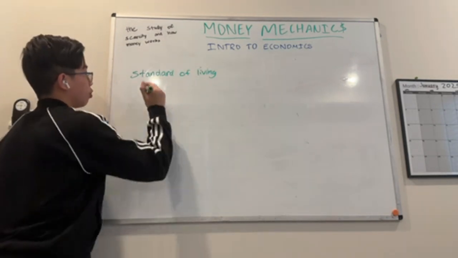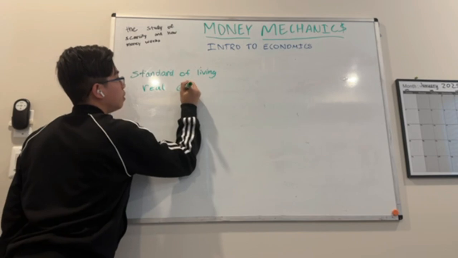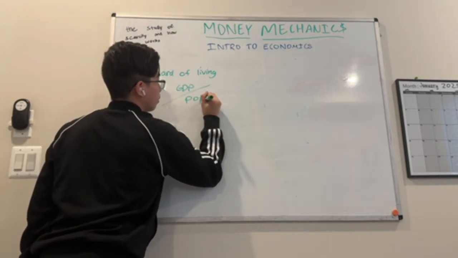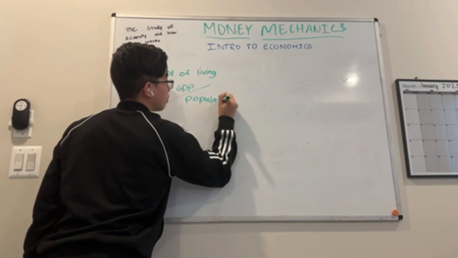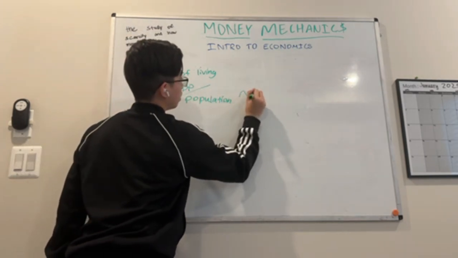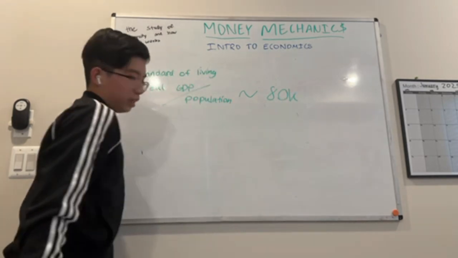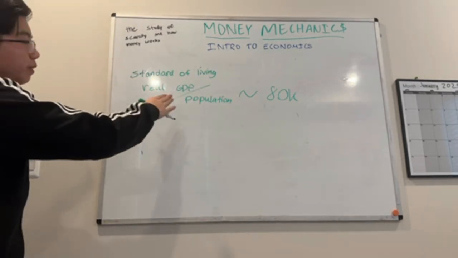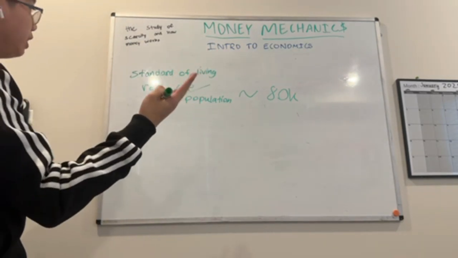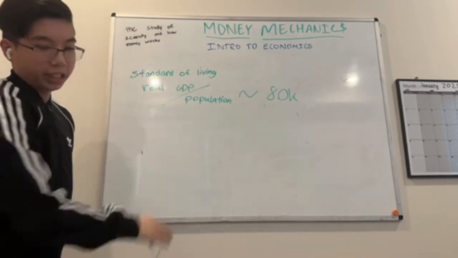You calculate it by taking the real GDP and dividing it by the population. In America, we have a standard of living around 80,000. But just because the standard of living is 80,000 does not mean every person has a salary of $80,000 a year. No, this is just the average output each person produces.